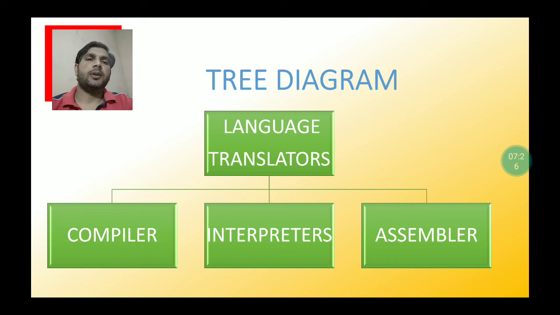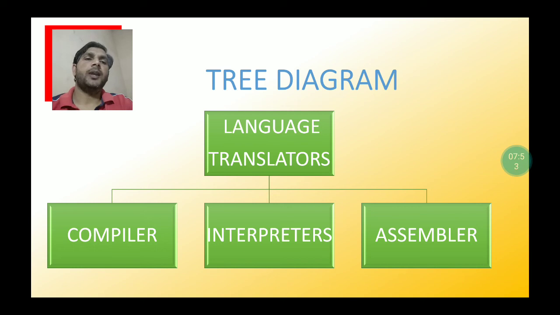You can remember when I told you in the explanation. So compiler converts program in one go, interpreter converts line by line, and assembler converts assembly language into machine code or machine language. This converts high level language, interpreter converts also high level languages.